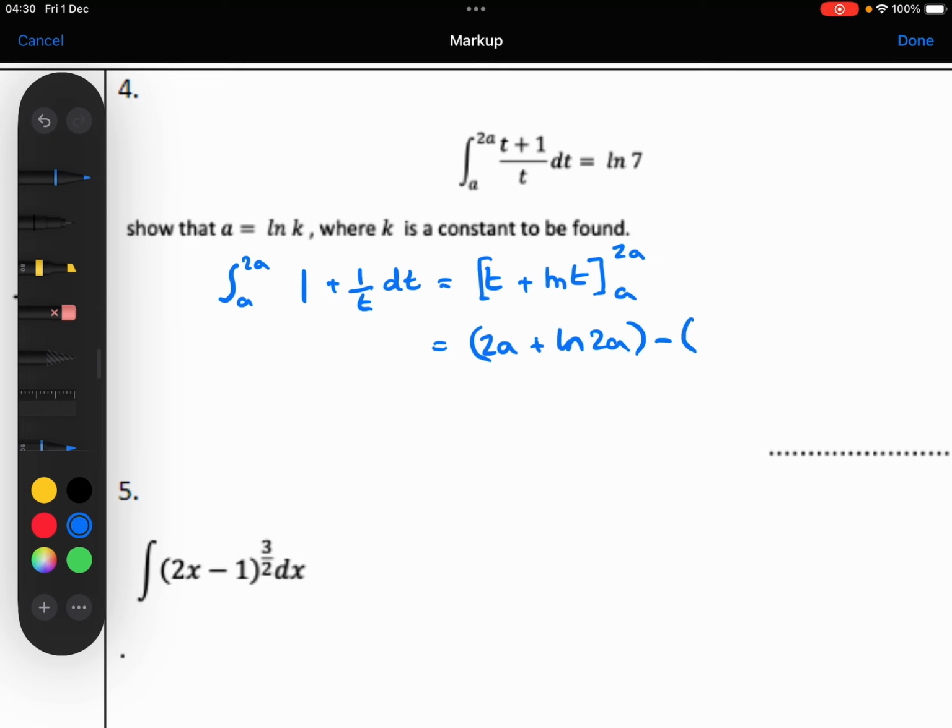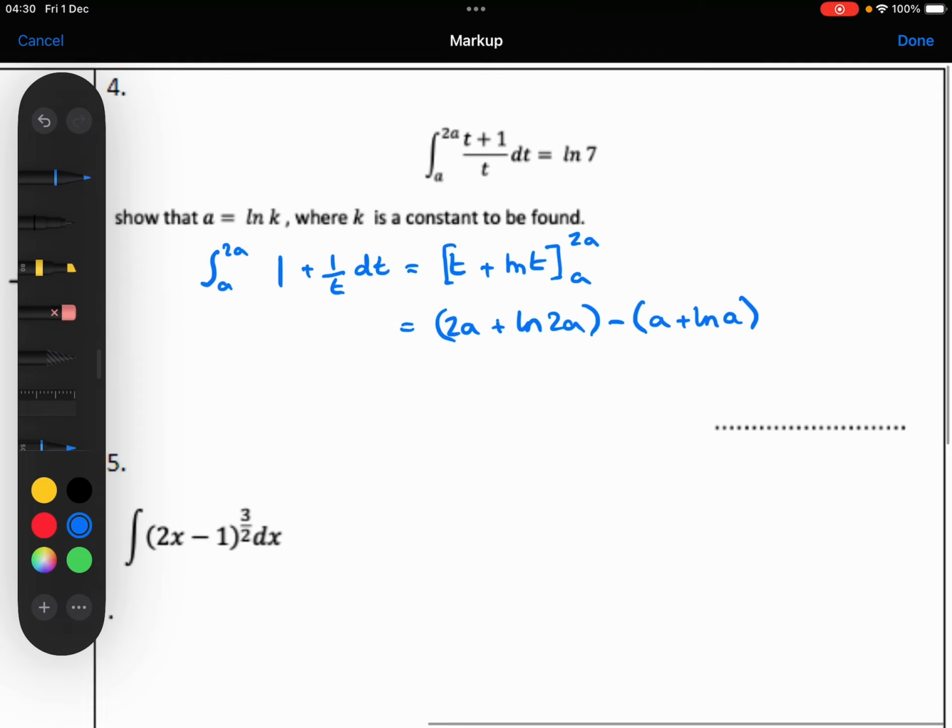Now substituting the lower limit of a in. And remember that we were told that this whole result was equal to ln 7. So we're subtracting the a, we're subtracting the ln a.